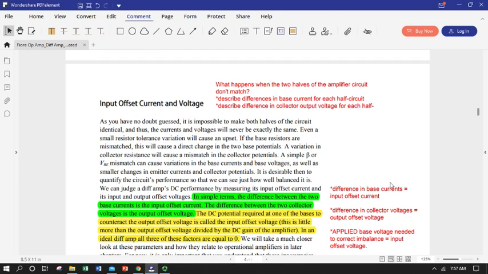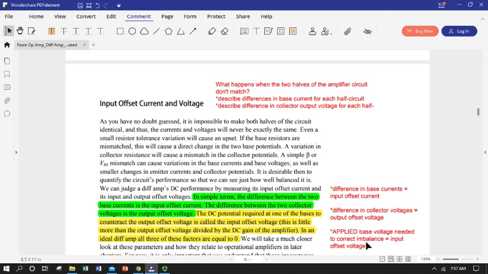So that's kind of your real state. Those are never going to be zero. You'd like them to be. You can drive them to zero by applying a base voltage that results in no difference between the two collector outputs, and that is known as the input offset voltage. So if you have to apply, say, I don't know, 100 millivolts to one base to get the same voltage output at the collector, you would say 100 millivolts is your input offset voltage.